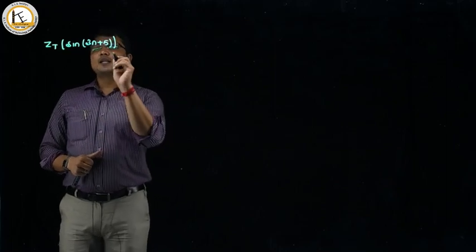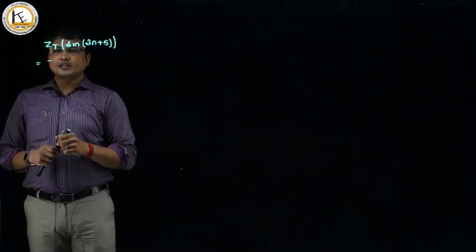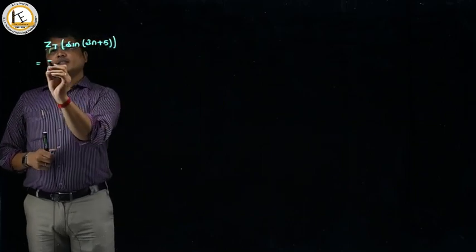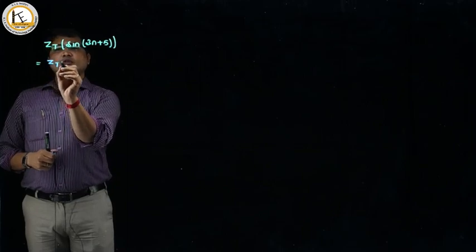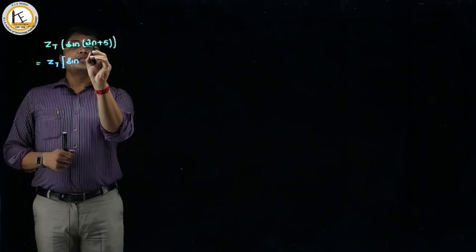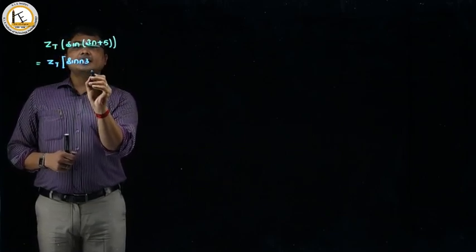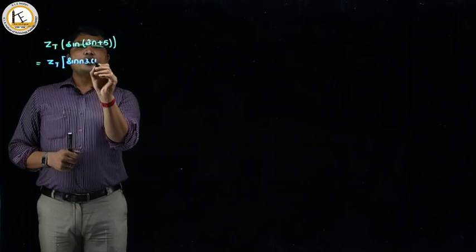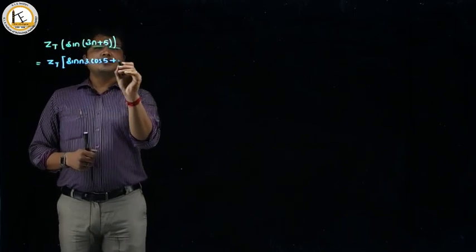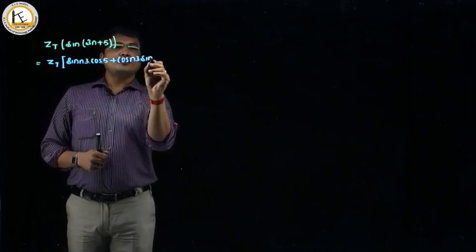So we apply the formula sin(A + B). Here, sin(3n + 5) is nothing but sin 3n into cos 5 plus cos 3n into sin 5.